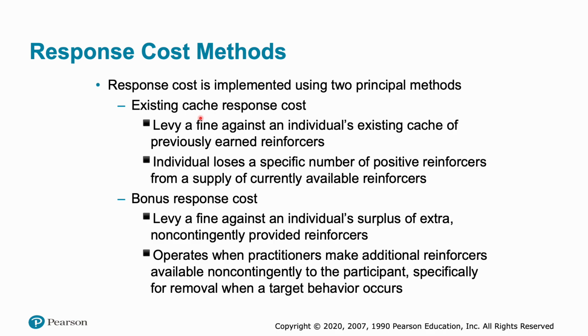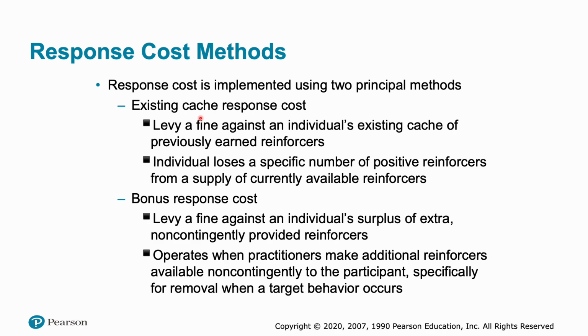So the first one, just the response cost procedure, is when you have an individual that already has a certain number of reinforcers available to them. This could be tokens. Let's say a person has to earn 10 tokens in order to gain access to playing with their phone, but they already have access to 7. So they need to earn 3 more in order to be able to get access to the phone.